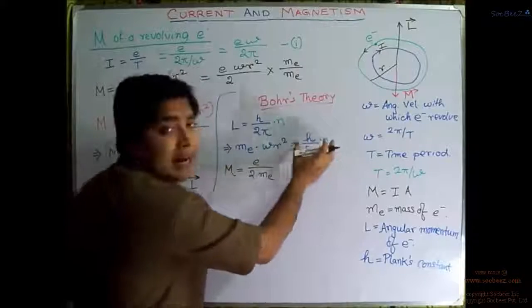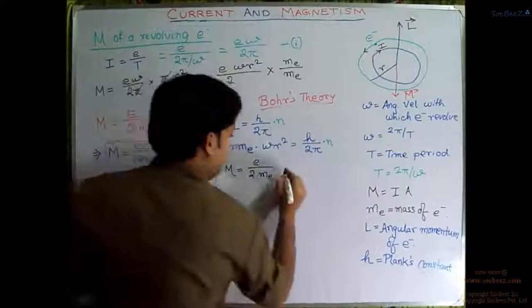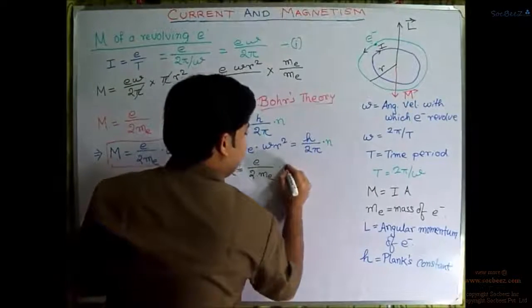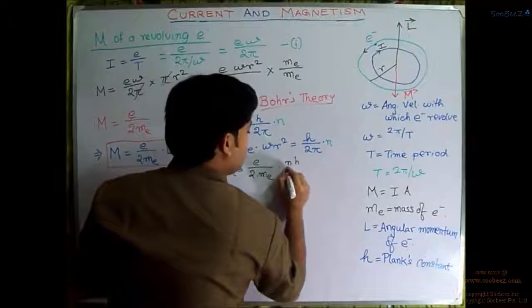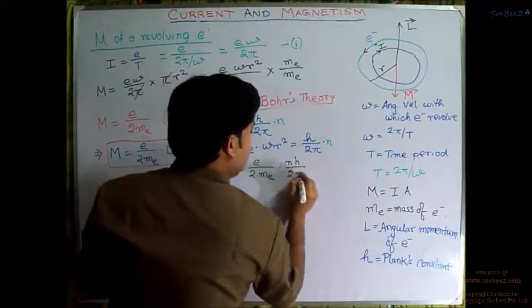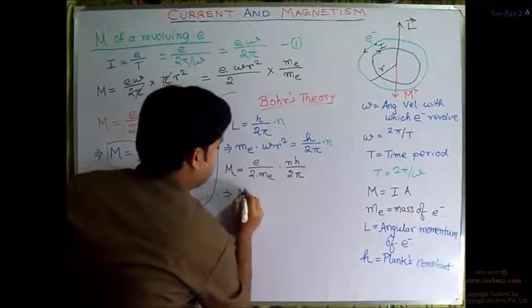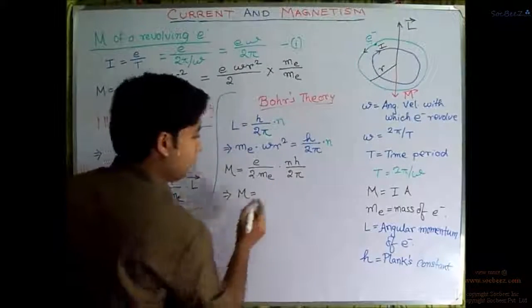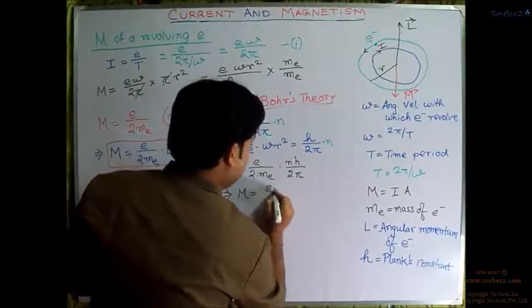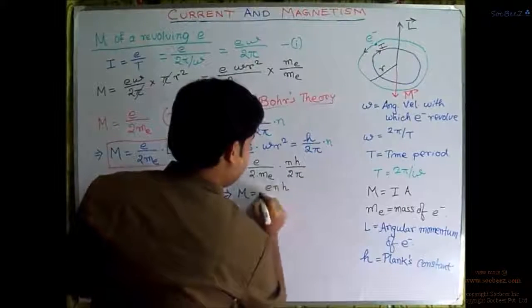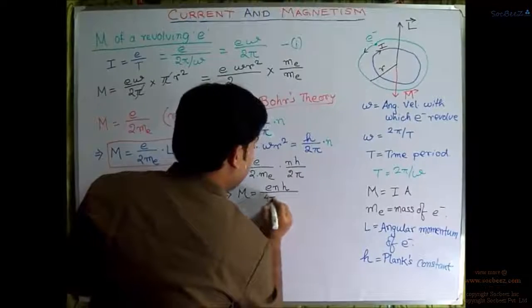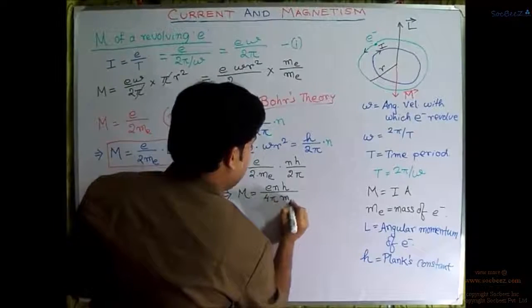Now this will be replaced by nh divided by 2 pi. So we can write m as equal to e n h divided by 4 pi m e.